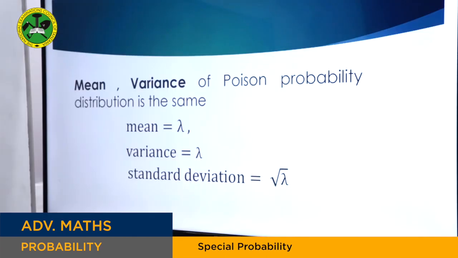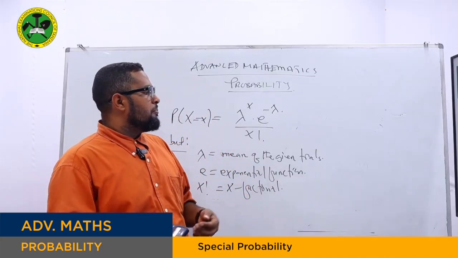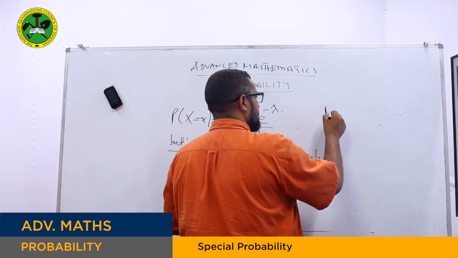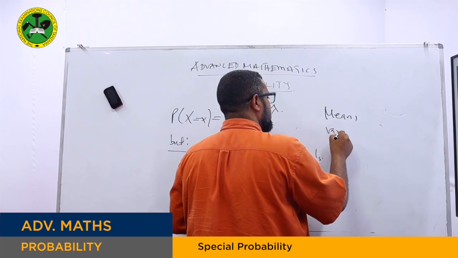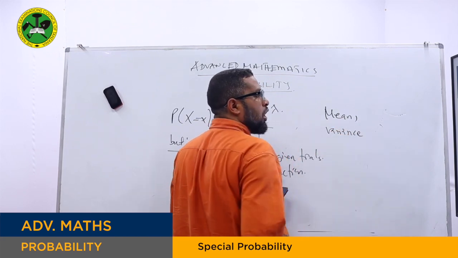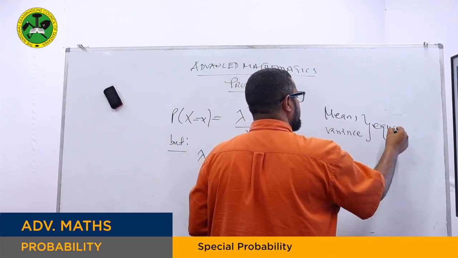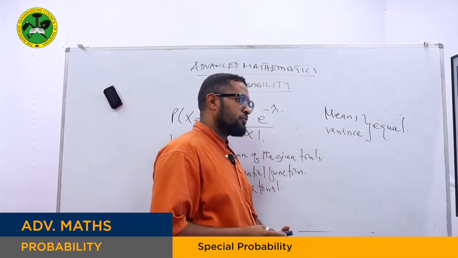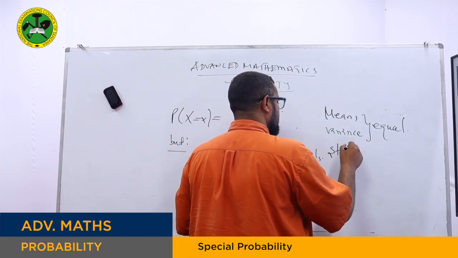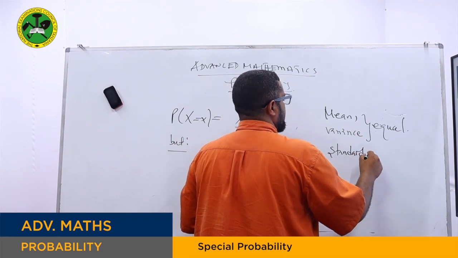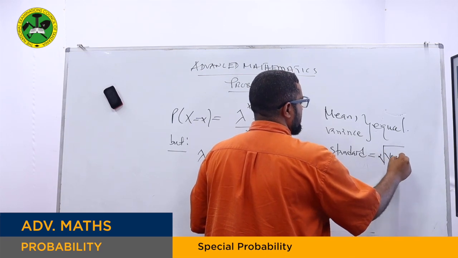Now, under Poisson probability distribution, the mean and variance of the data are always equal. But for finding standard deviation, normally we take the root of variance.